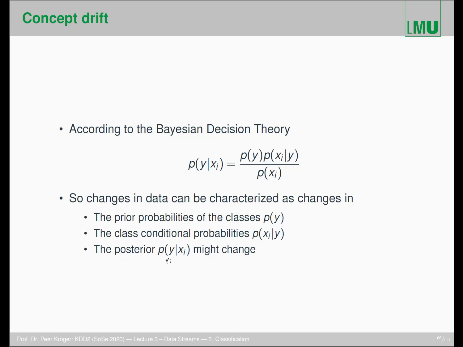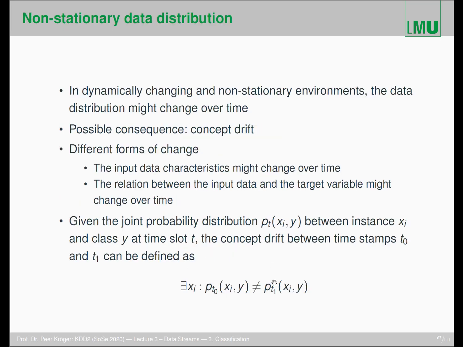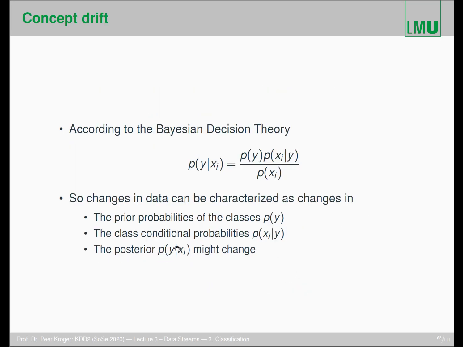And if this one changes, then we have a real concept drift, because we will decide differently than before. Yeah, because this is the probability we base our decision on, and if this probability changes, we might make a different decision than before.